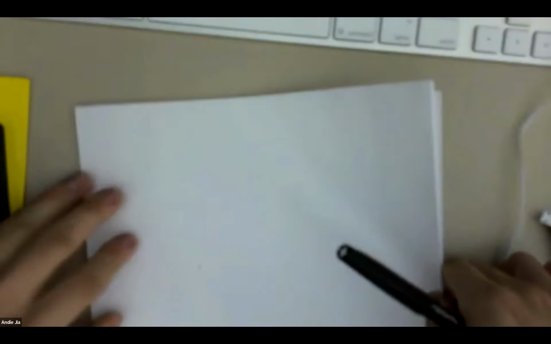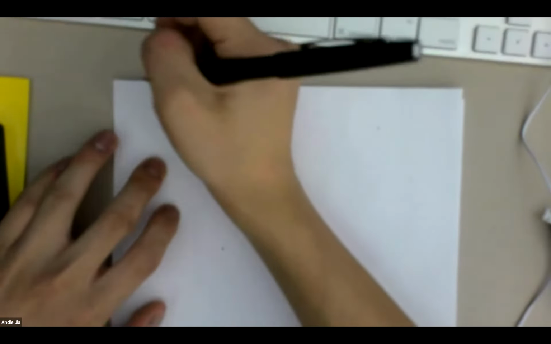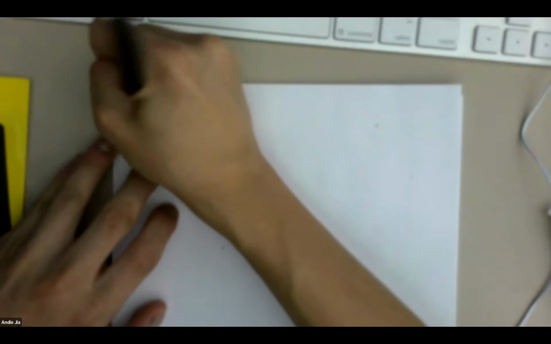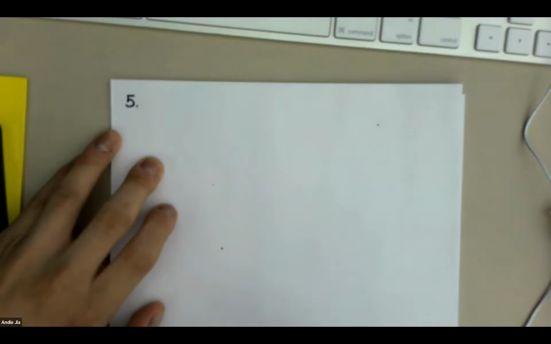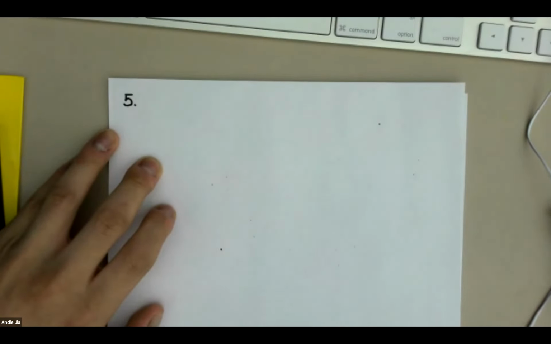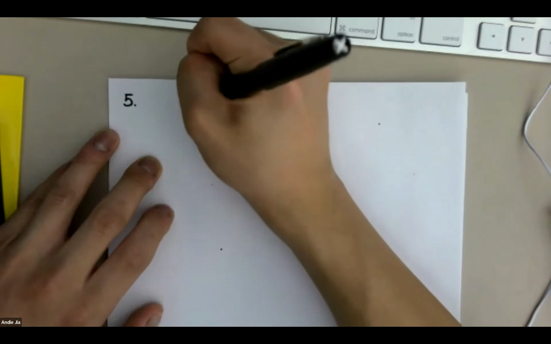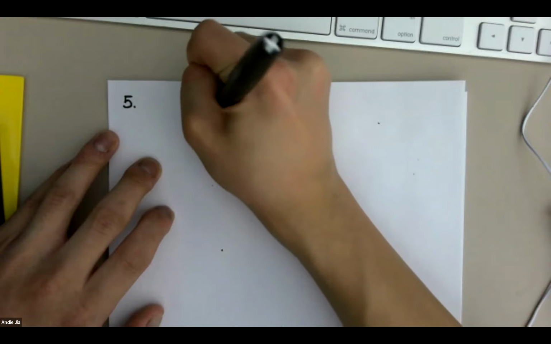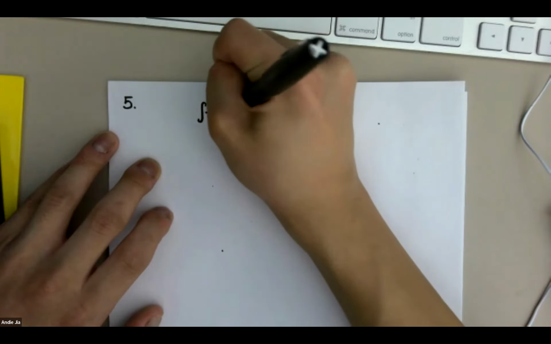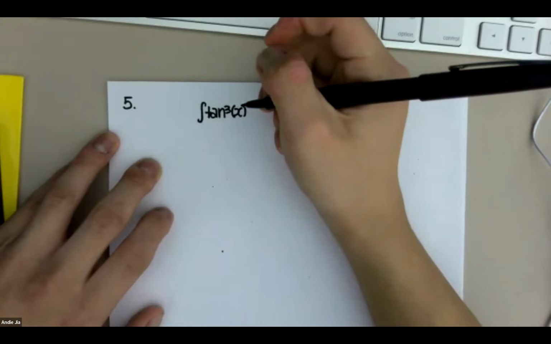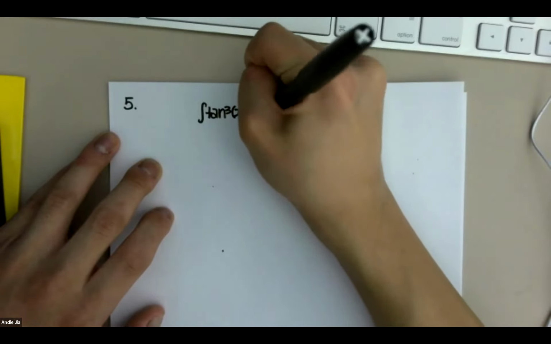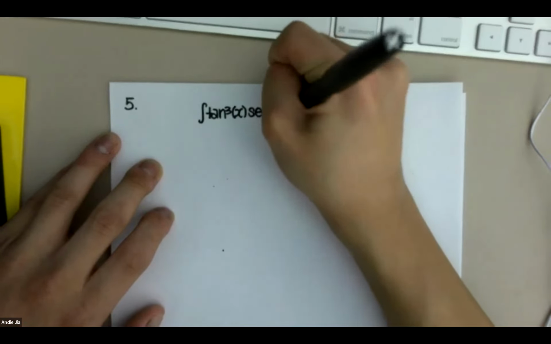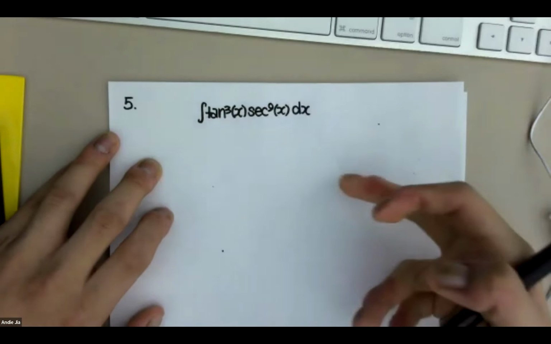Then number 5 is on my outline. Number 5 is another trig integral, but it's even-odd: tangent to the power of 3, and then secant to the power of 9 of x, dx.